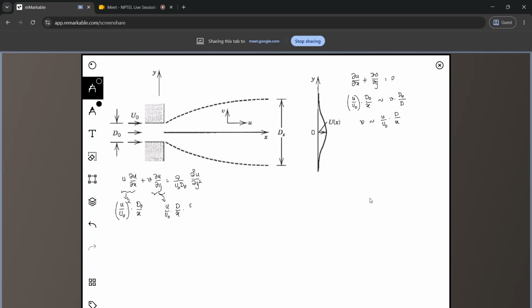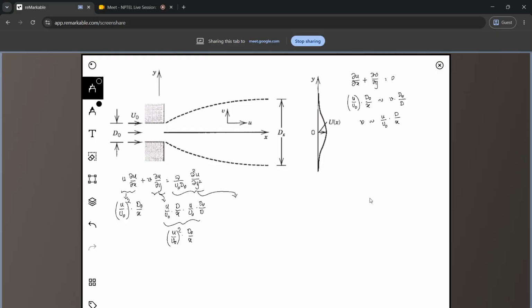So again, we have another u by u naught times y will scale as d by d naught. This entire thing is essentially u by u naught square times d naught by x. So both the inertia terms are of the same magnitude, which is something that we got even in our boundary layer equations. Now what about the diffusion term?